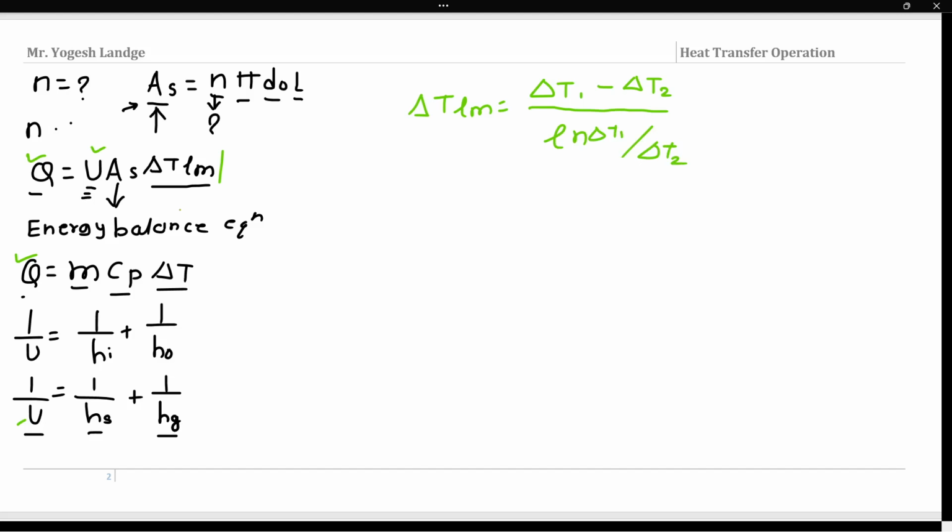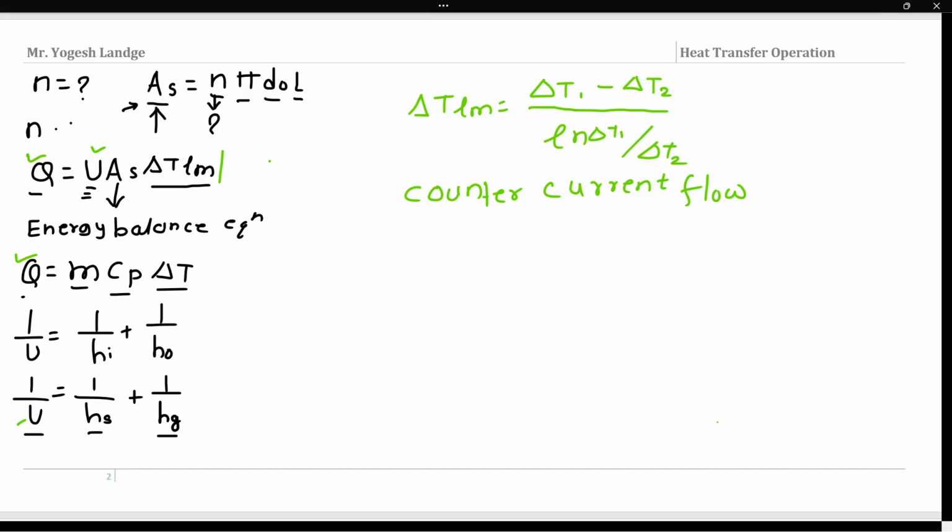Now here we consider certain conditions. The condition is that this is counter current flow. As it is a counter current flow, we always write the equation accordingly.